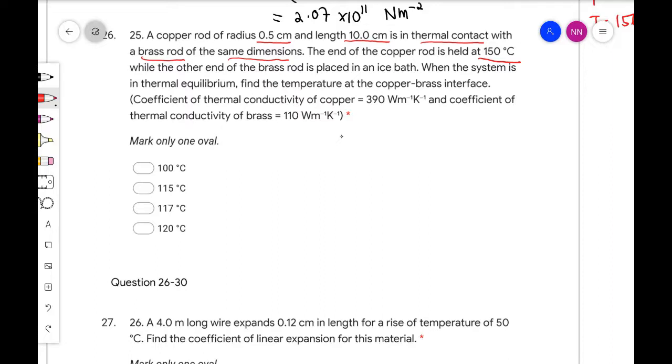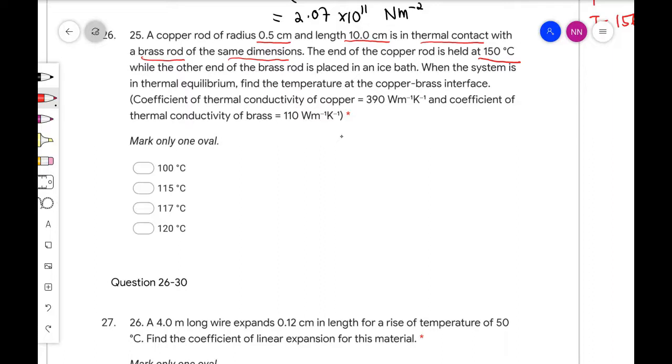So the rate of heat transfer of copper equals the rate of heat transfer for brass: dQ/dt copper equals dQ/dt brass, where the formula for dQ/dt is negative K A dT over x. Here K is K for copper, A is the area for copper, dT is the change of temperature for copper, and x is the length of copper.